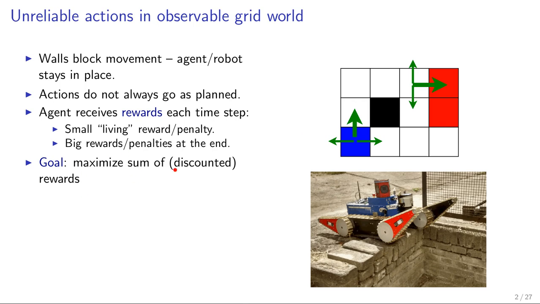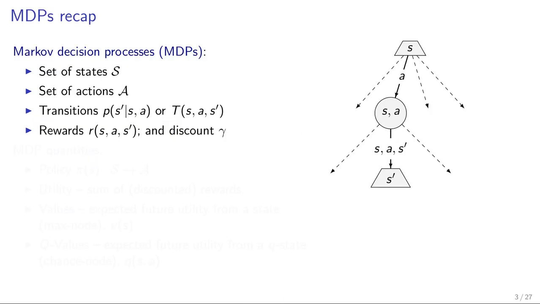The goal is to maximize the sum of discounted future rewards. So we're dealing with a sequence of decisions and a sequence of rewards, and we want to maximize the sum of those rewards. The notation: you have states, actions, and transitions, which are actually conditional probabilities. I'm in a state s, I do an action a, and I end up in a state s prime.